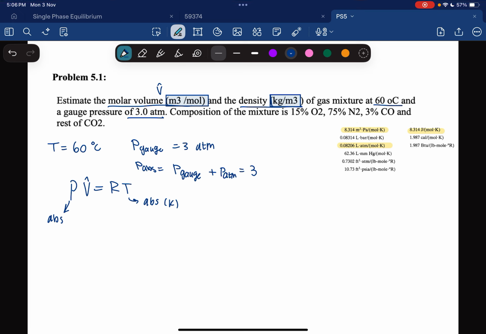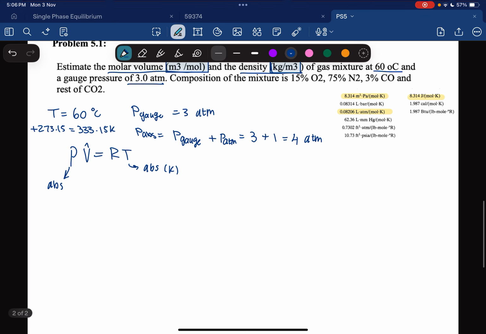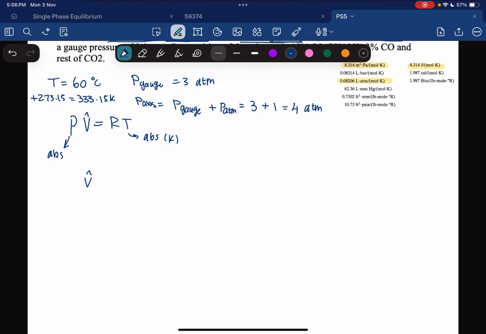So we have 3 atm plus 1 is equal to 4 atm. And for the temperature, we will add 273.15 to convert it into Kelvin. And now we can find the molar volume.